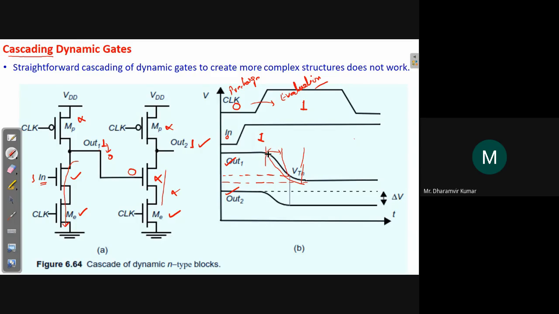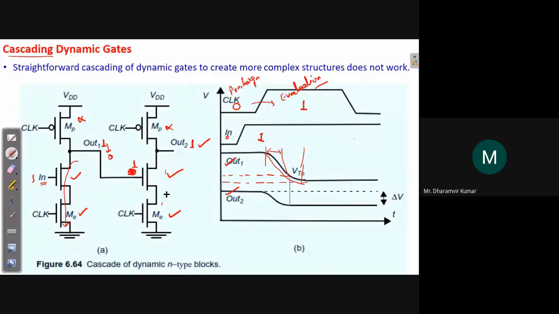It means that for this duration of time the input was not 0, the input was actually 1. And for this small duration of time when the input was actually 1, this NMOS would be available. And for that duration of time this path is available.